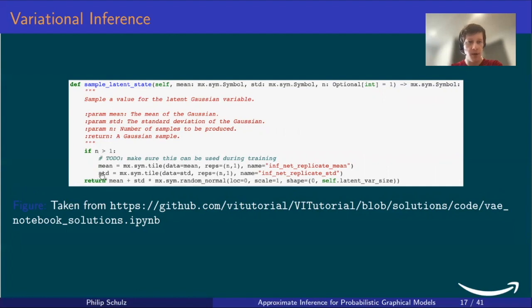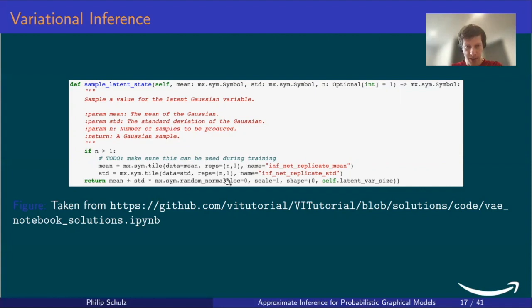Up here, we have some bookkeeping related to reshapes and dimensionality, which is really not something you should worry about at the moment. The main thing is how we map the standard normal variable epsilon to our variational approximation Z. As I've said before, we take the mean and add the standard deviation times a standard normal sample.